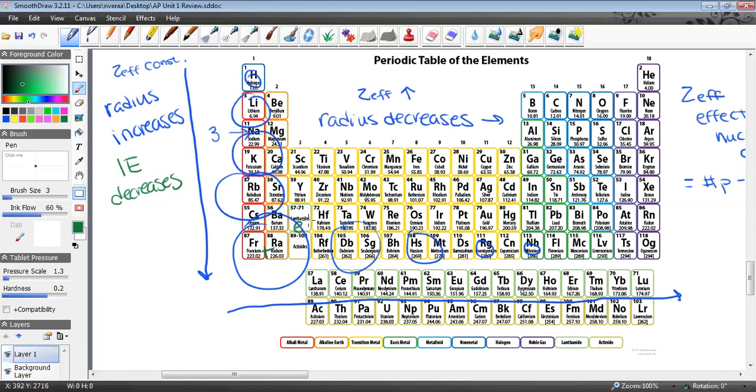If the electrons are really far away, they're easier to remove. Versus when we go across the periodic table and the radius is smaller, your ionization energy increases. Helium is really, really small. The electrons are super close to the nucleus, so plucking off that electron is really hard to do.